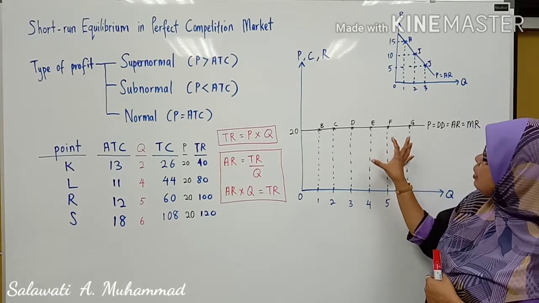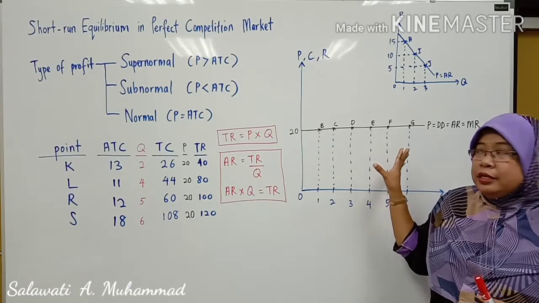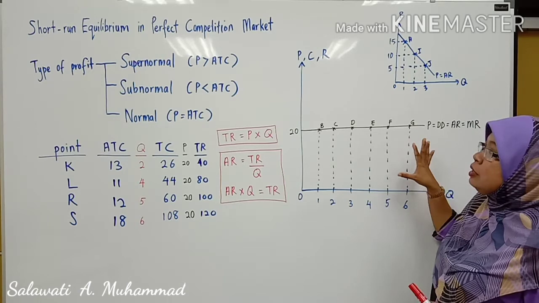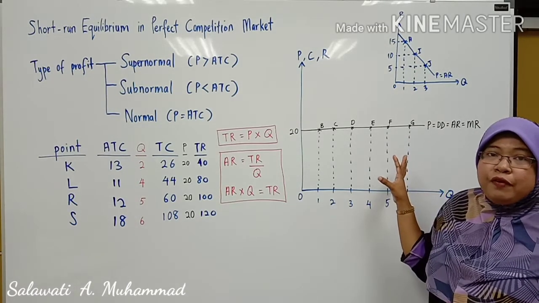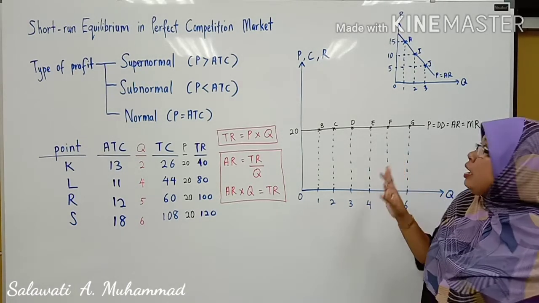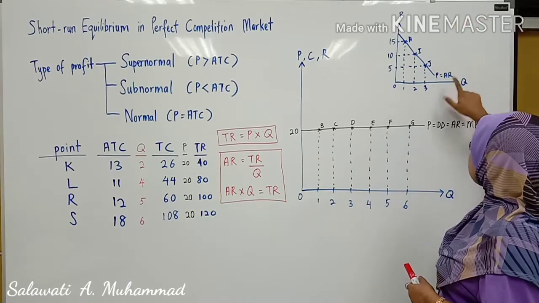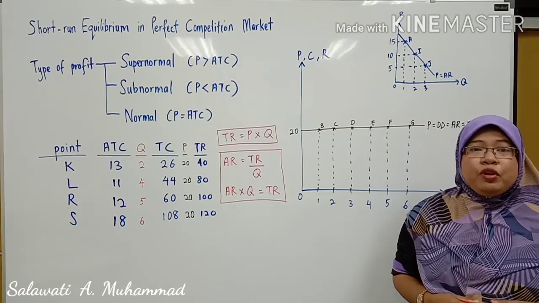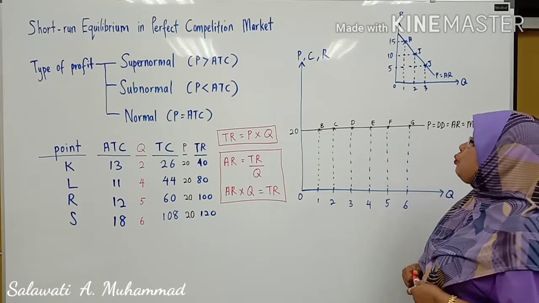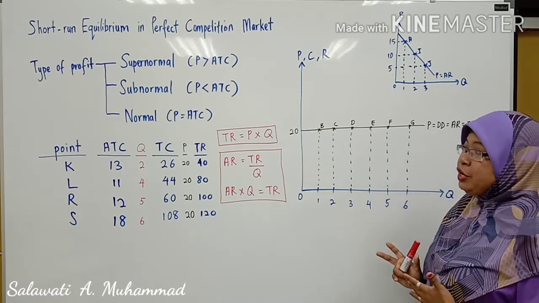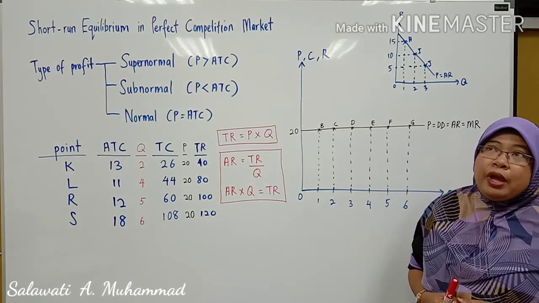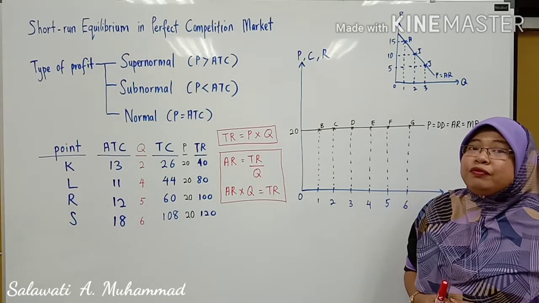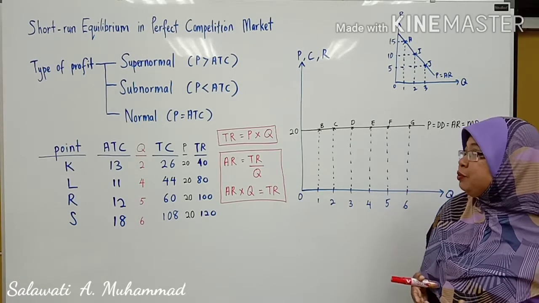The first one, the bigger one, is the average revenue curve in perfect competition market, and the second one, the smaller one, is the average revenue curve in monopoly market. So we have the average revenue curve when we are trying to find out the amount of total revenue.